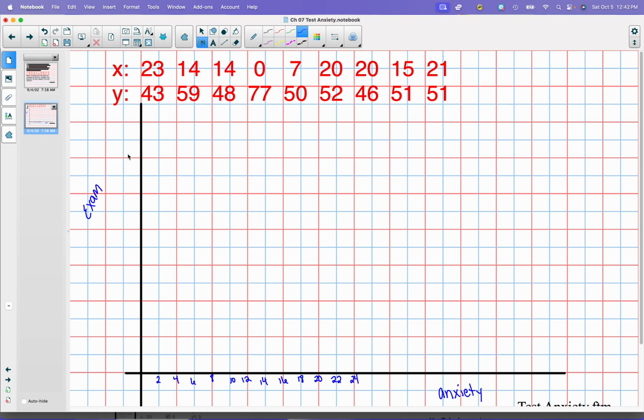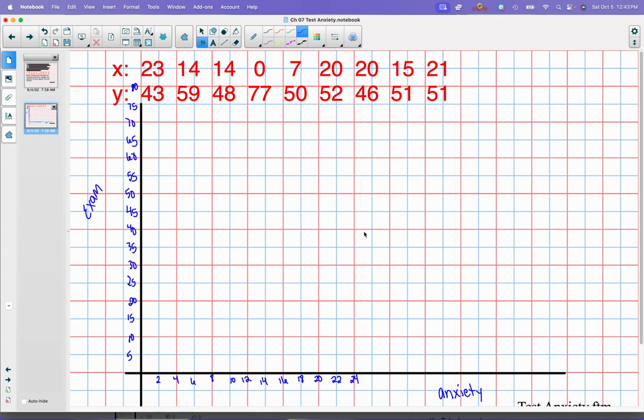And then for the exam score, we have to go at least as high as 77. I could just about do it by fives, though I should have lowered this down one. But that's okay. I'll be up into my numbers, but that's okay. So I'm going to do that.